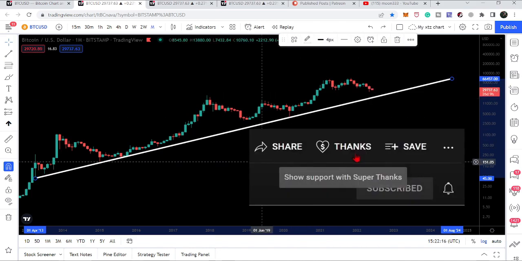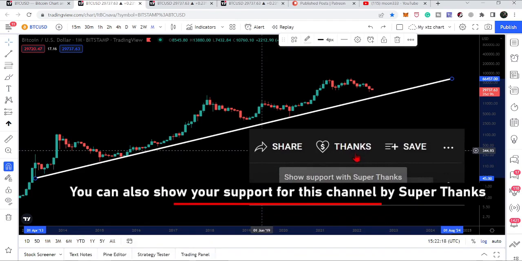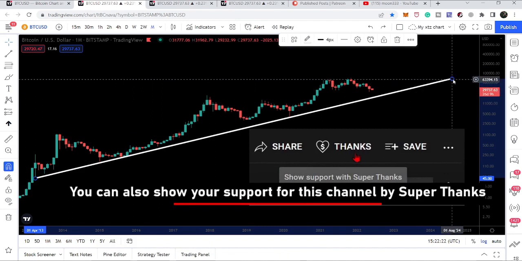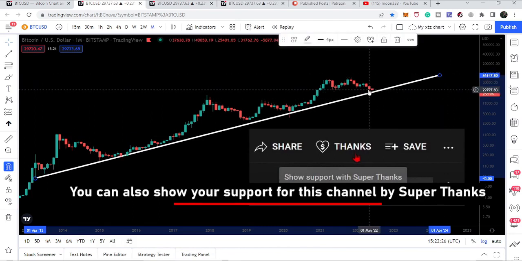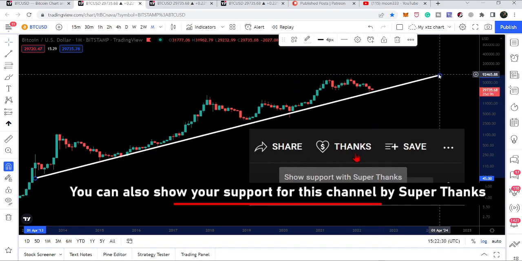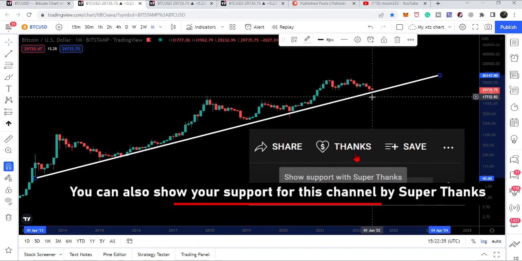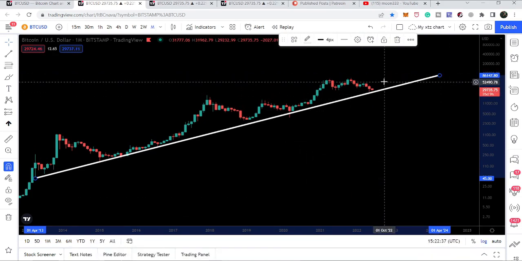But the second view, and that is most probable in my point of view, is that Bitcoin is going to follow this week of the candlestick that we had here in May 2022. That was up to $25,400, because as I've already told you, this was the candlestick that touched the bottom of the Bitcoin low growth curves.